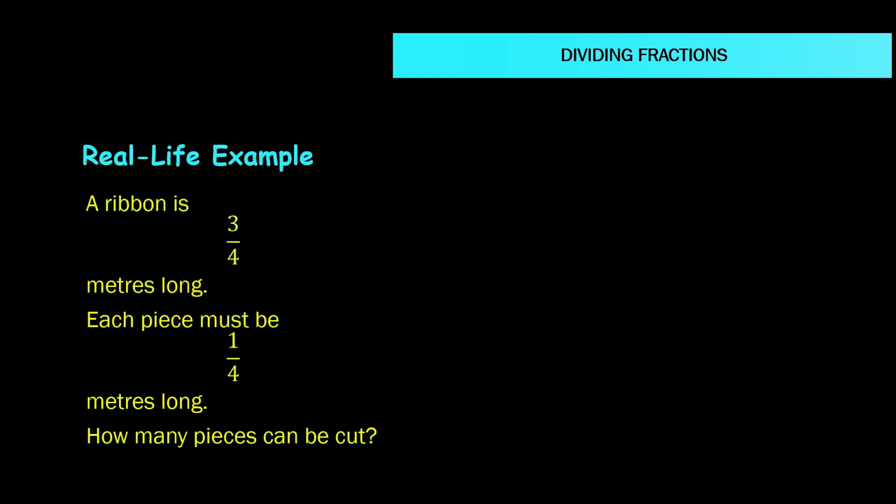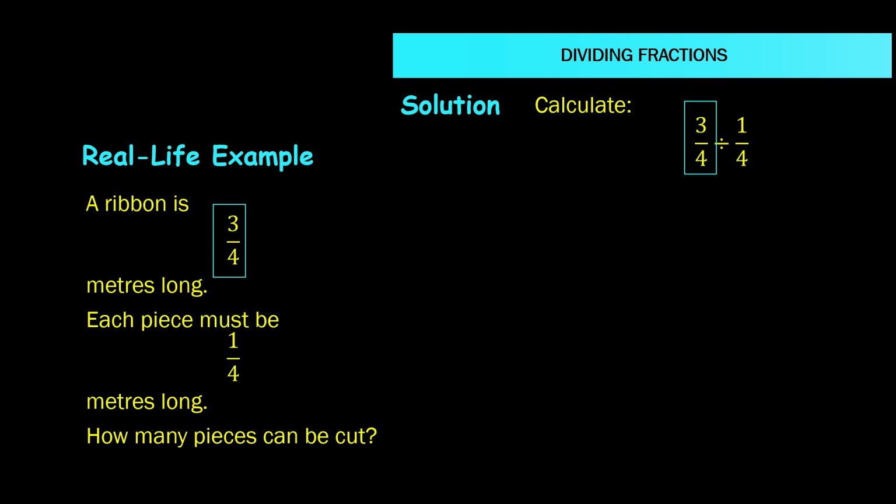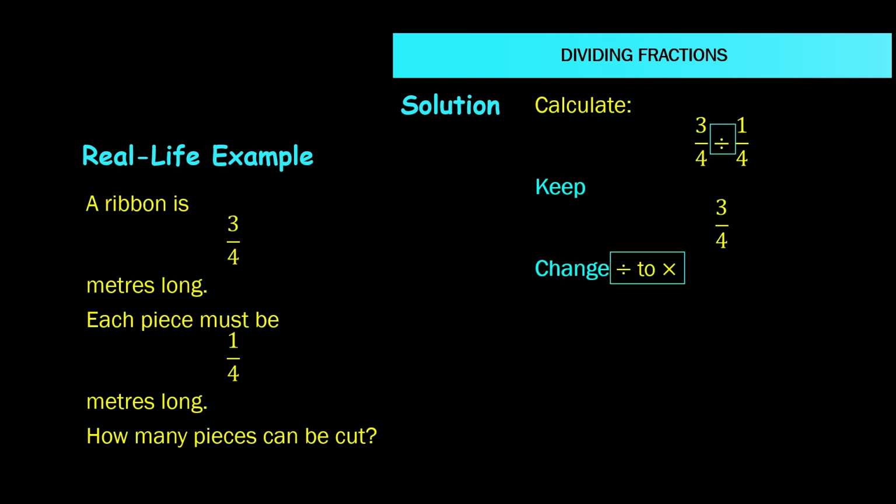Fraction division is useful in everyday life. Here we are finding how many quarter meter pieces fit into 3/4 of a meter. Let's solve this. So we're required to calculate 3/4 divided by 1/4. So as before, we keep 3 over 4, then we change divide to multiply, and we flip 1 over 4 to give 4 over 1, and then multiply.